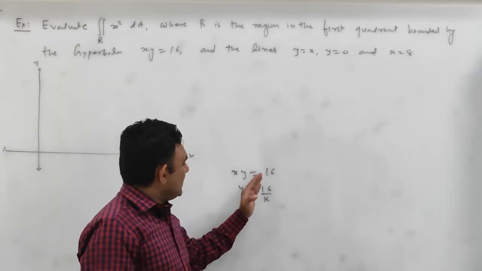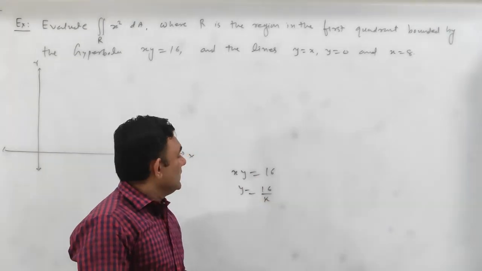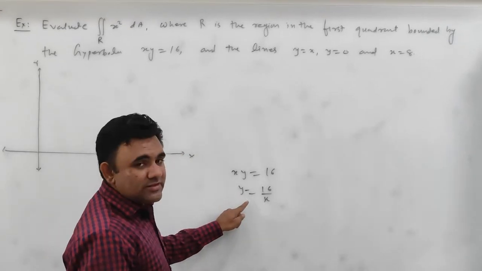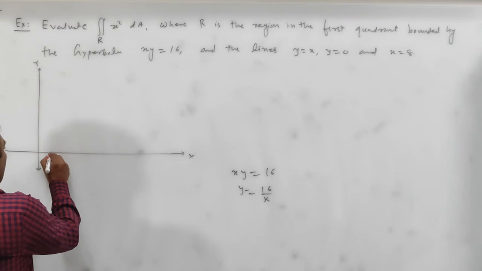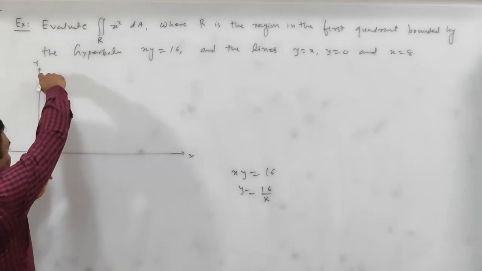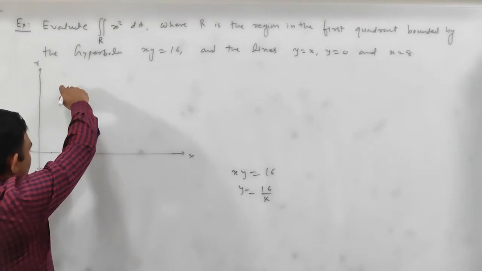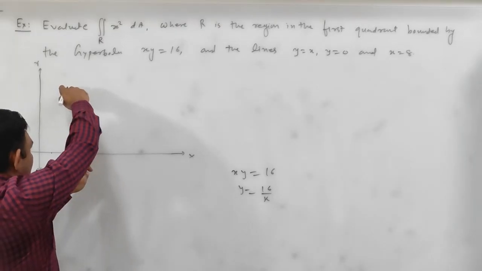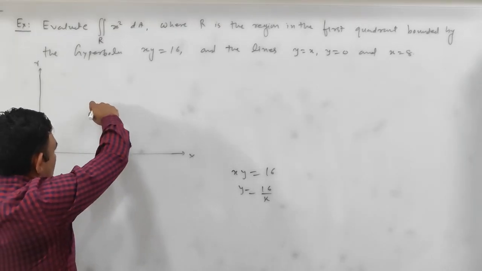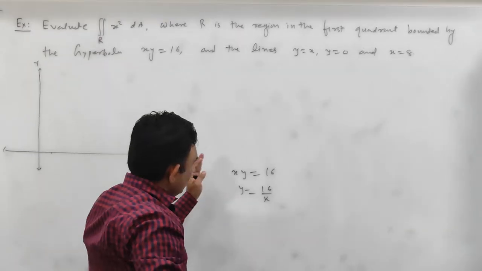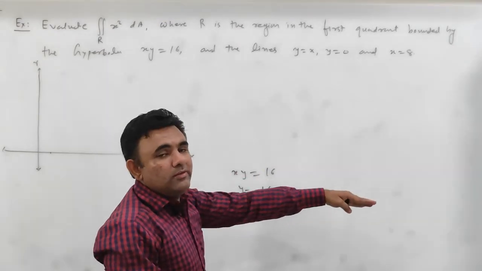If you take different values of x, then y is 16 by x. If x is 1, then y is 16. For x is equal to 2, y will be 16 by 2, 8. X is 3, then y will be 16 by 3. X is 4, y will be 16 by 4. So as the value of x increases, y decreases.